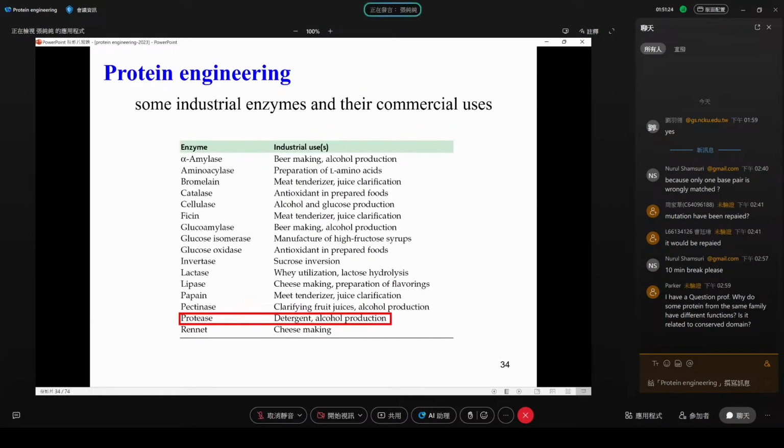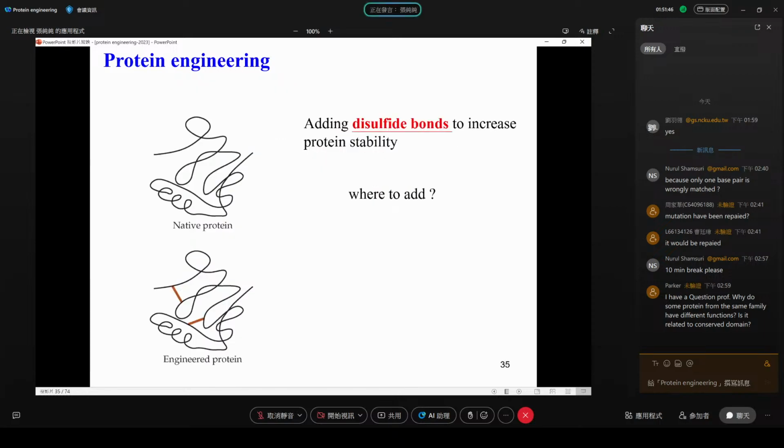You look at the protease used in detergent, alcohol production, amylase in beer making, cellulase used for alcohol or glucose production. All of them will be very important in fermentation or for fabric companies to make a new product. So you think about that.